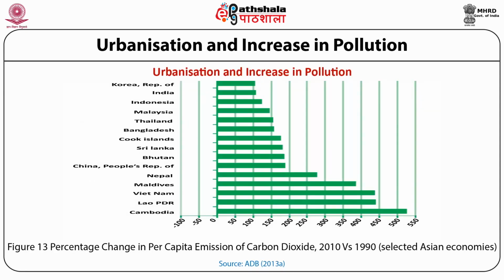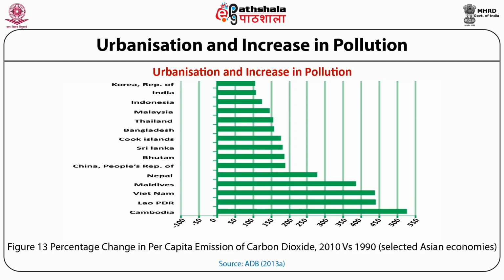The percentage change in per capita carbon dioxide emissions by a few selected Asian economies that have observed an increase in it during 1990 to 2010 can be observed from figure 13.